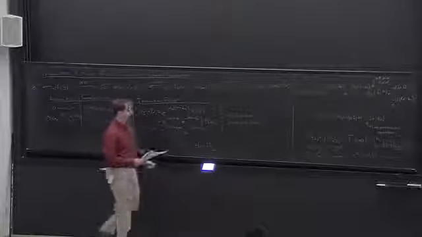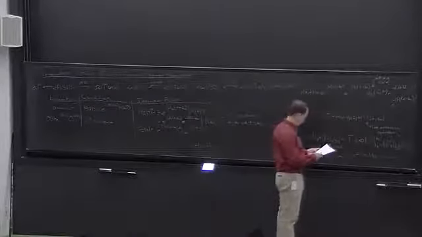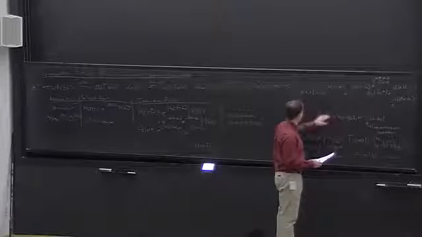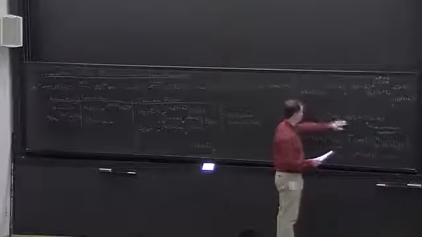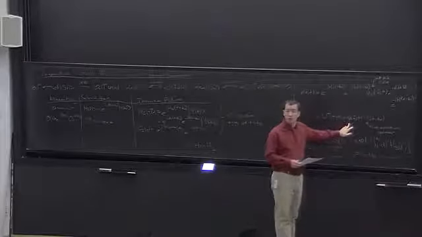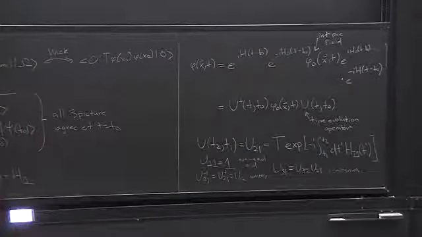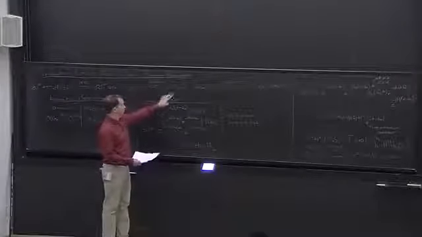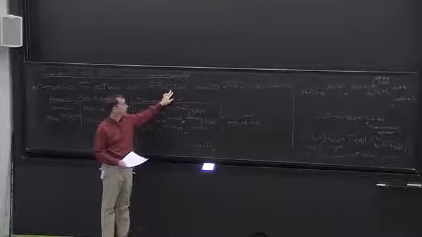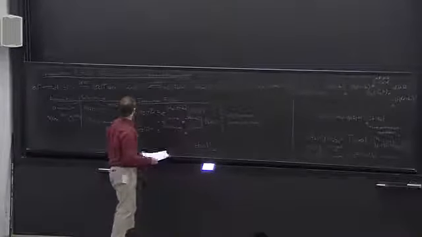We already know how to express the fields in the Heisenberg picture in terms of the interaction picture fields. So what's left to do is express the vacuum state in the Heisenberg picture in terms of the vacuum state in the interaction picture. And this should be a 0.